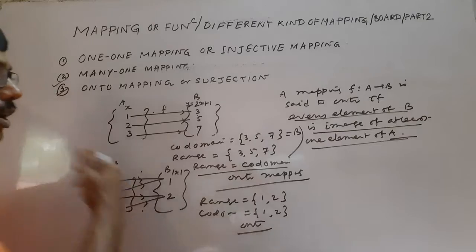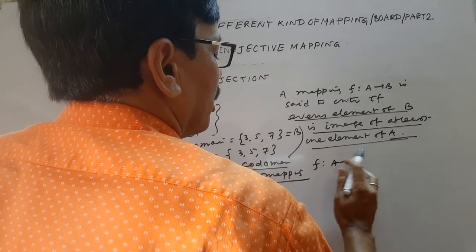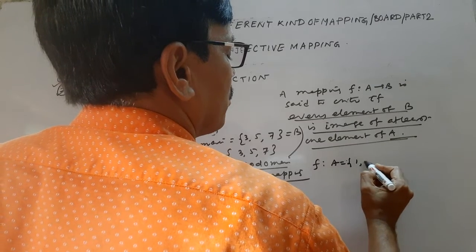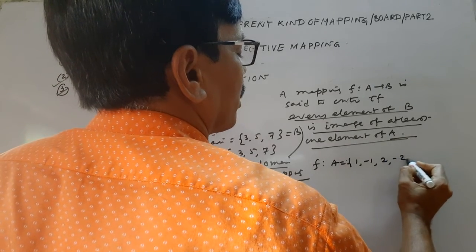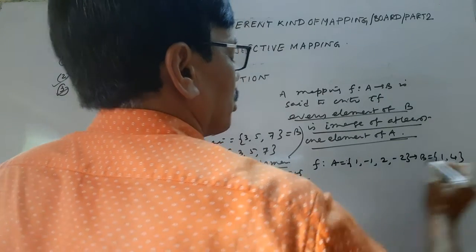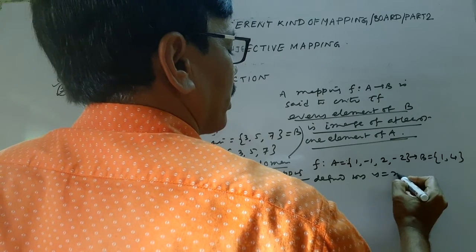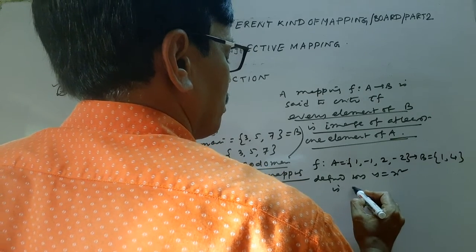So you can write it f(A) equals 1, minus 1, 2, minus 2, to B 1, 4, defined by y equals x square.